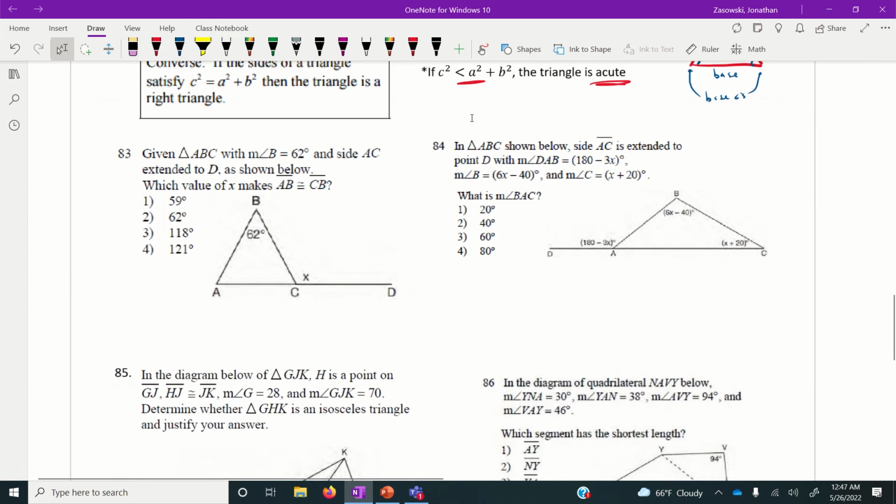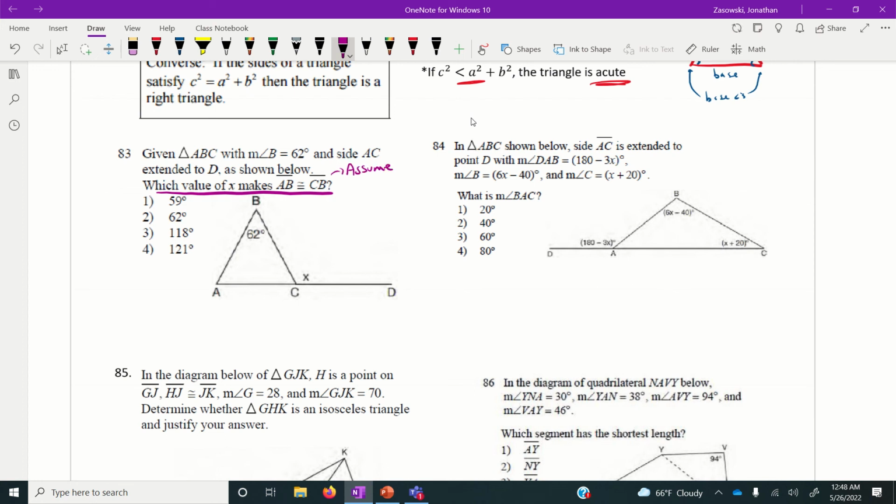All right, let's take a look at number 83. So given triangle ABC, we have everything labeled here. If it's not labeled, make sure you label it for yourself. It says B is 62, side AC is extended. Which value of x makes this true? Whenever it asks which value of x makes this true, what we want to do is just assume that it is.